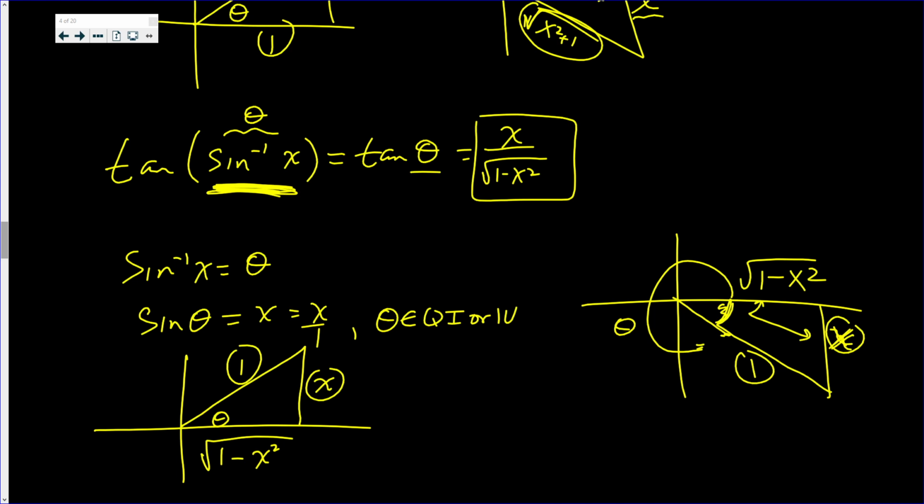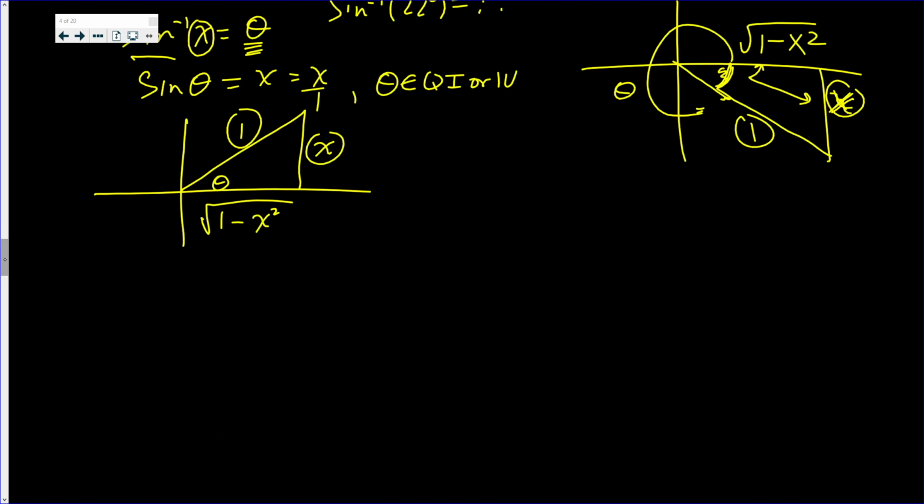Okay. All I've done in these problems was 100% use the definitions. Sine inverse of a number between plus and minus 1 is equal to an angle. If somebody asks you what sine inverse of 22 degrees is, you say, I don't know. Now, if somebody asks you, what is sine inverse of pi over 4?